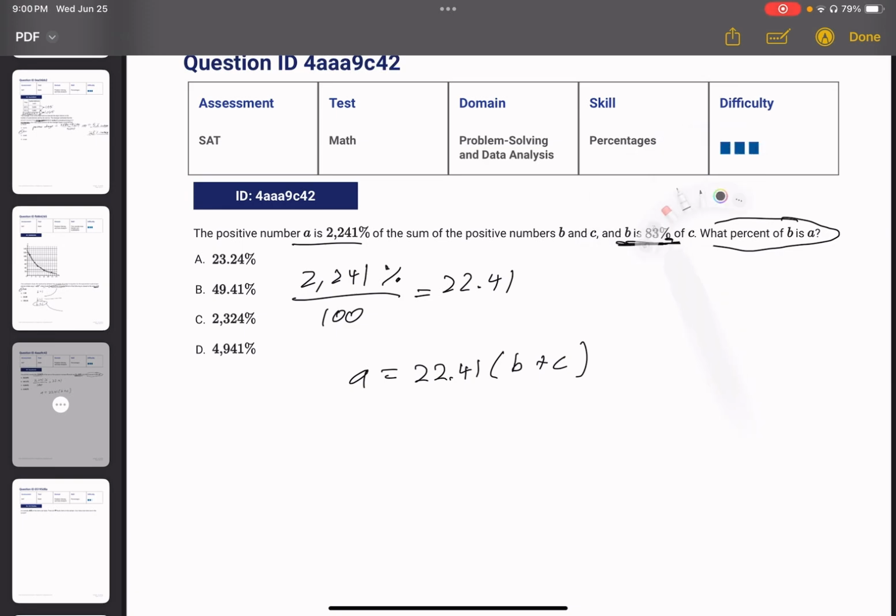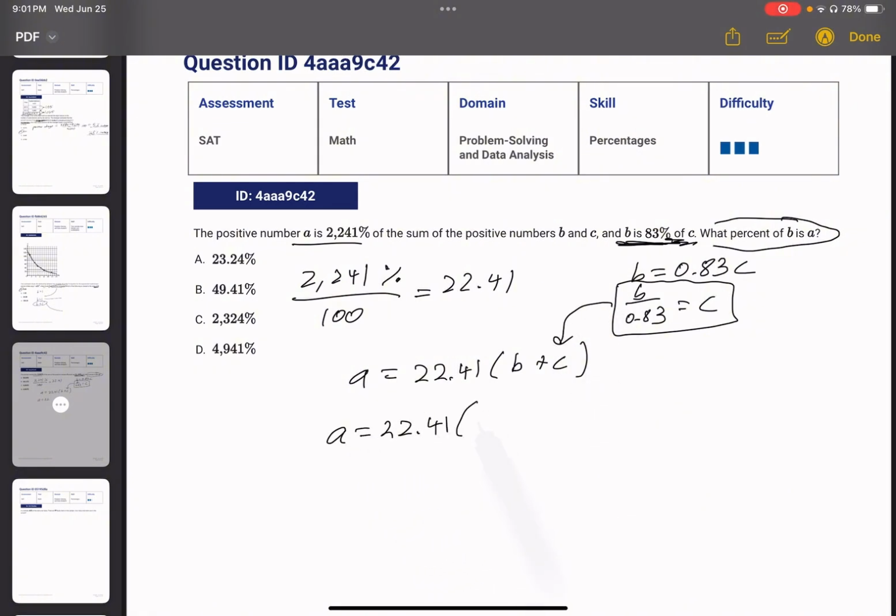It says B is 83% of C. So 0.83 of C. So C is going to be equal to B over 0.83. And we can substitute this into our equation. So we have A is equal to 22.41 times B plus B over 0.83.